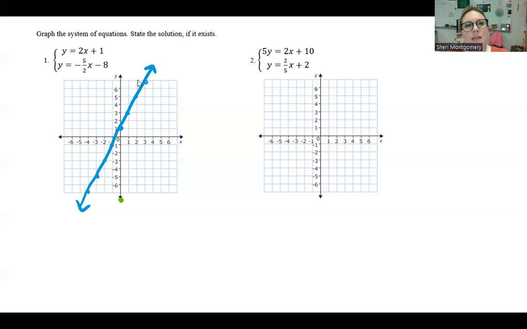And then it says that I would go down 5 and then over 2. Well, I'm going to use symmetry to go up 5 and then to the left 2.